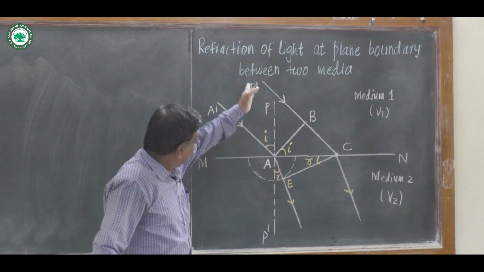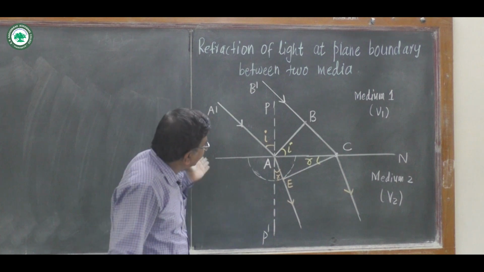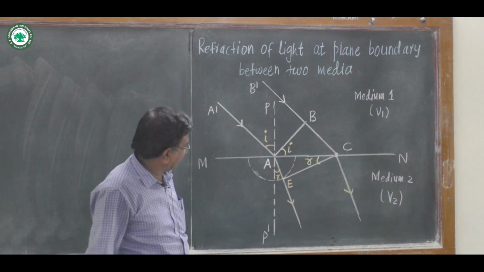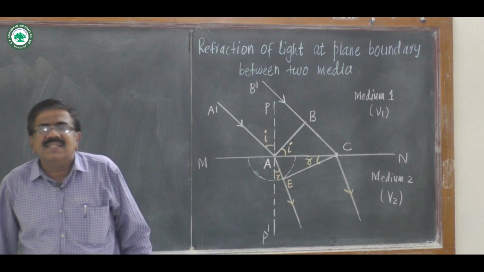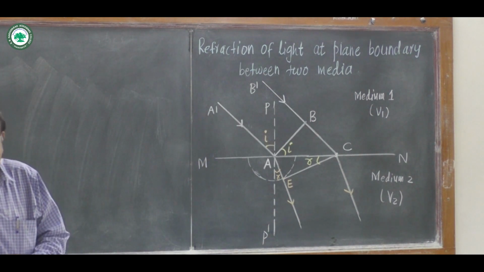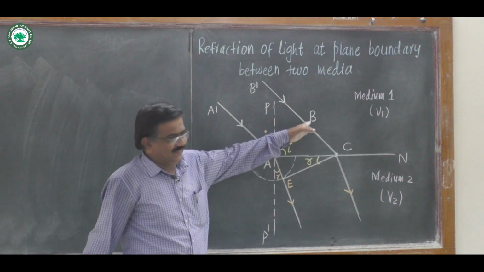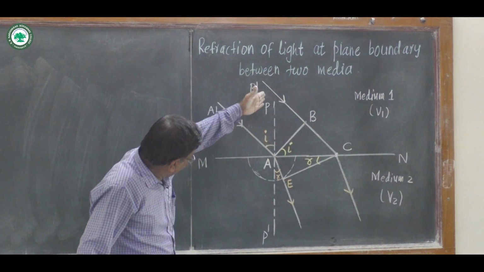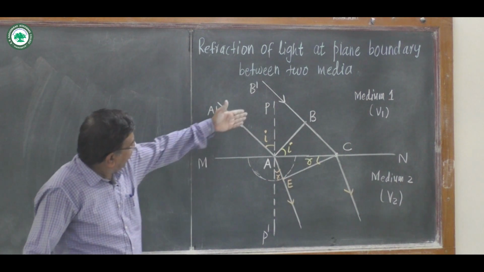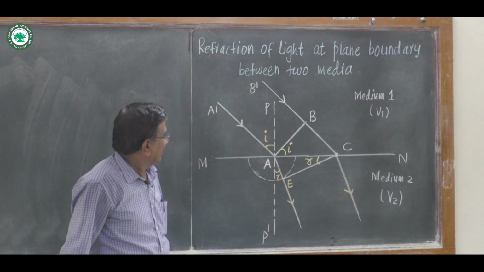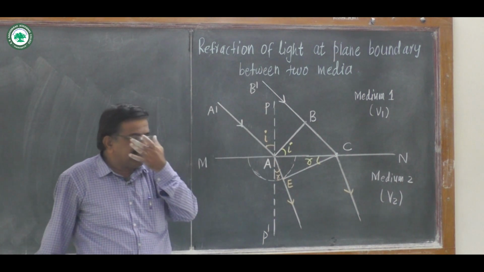These A1A and B1B are the incident rays incident on this refracting surface. AB is the incident plane wavefront because it is bounded by the incident rays. We draw the normal at point A, and that normal is PP dash. The angle made by the incident ray with the normal is the angle of incidence.